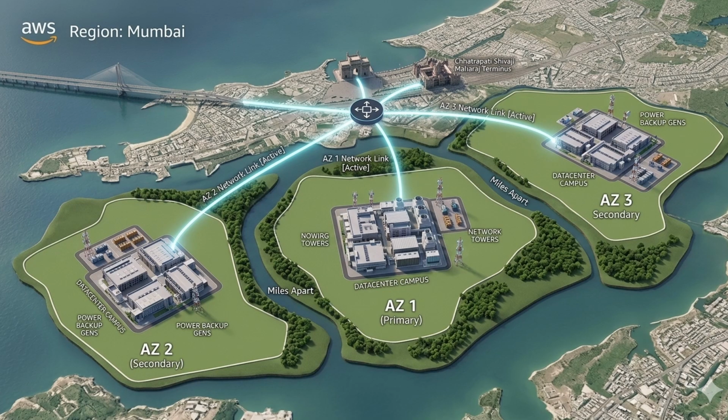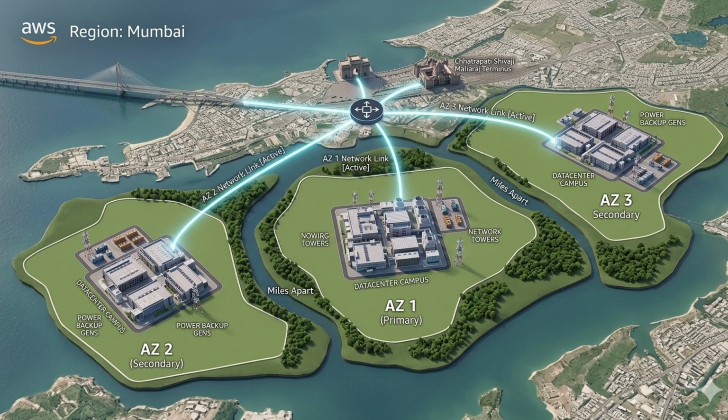Each region has 3 or more availability zones. An availability zone is like a cluster of independent data centers with its own redundant power and networking. Crucially, availability zones are physically separated by miles. If a flood or a local outage hits one availability zone, the others stay dry and fully operational.